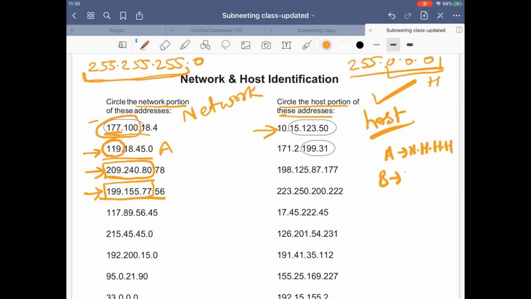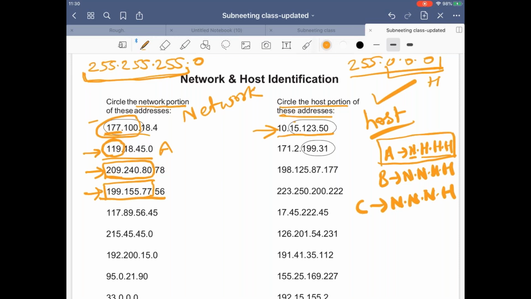For class B, network.network.host.host. For class C, network.network.network.host. Correct. So this is class A, and we have to find out the host portion. The first octet belongs to network, and the last three octets belong to the host part.